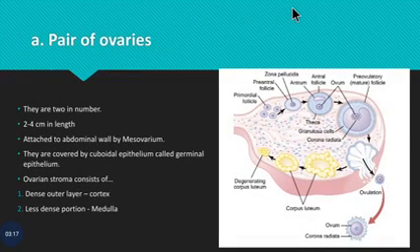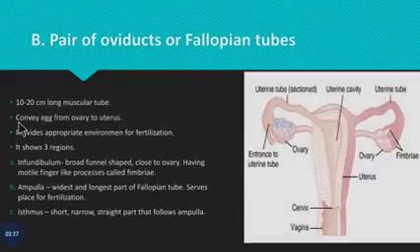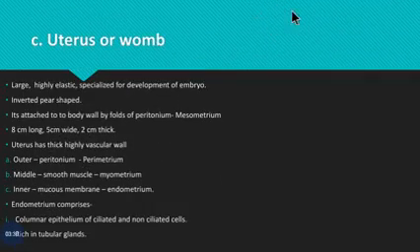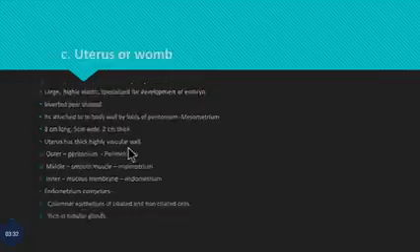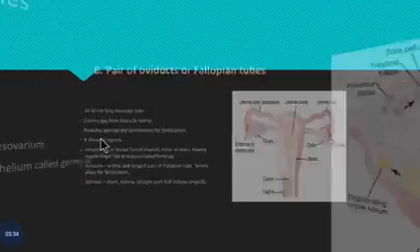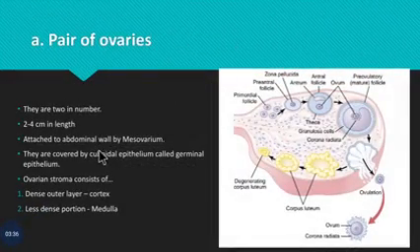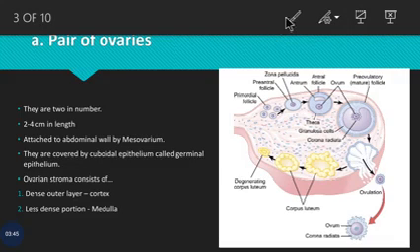So now we are going to discuss the pair of ovaries. As we know, there are two ovaries in the female reproductive system, and they are important because they produce the egg. An ovary measures about 2 to 4 centimeters in length.